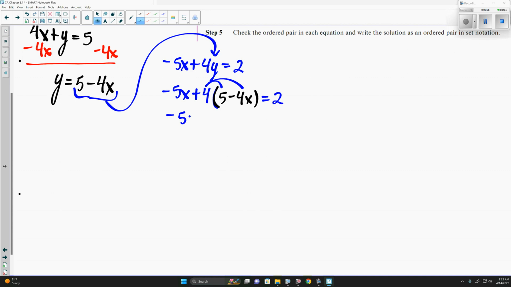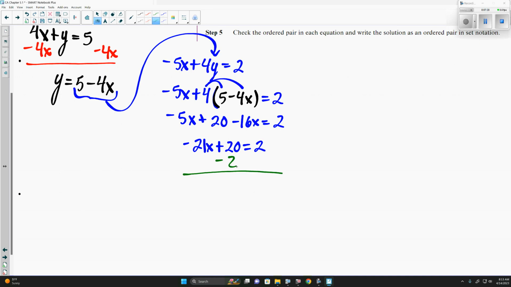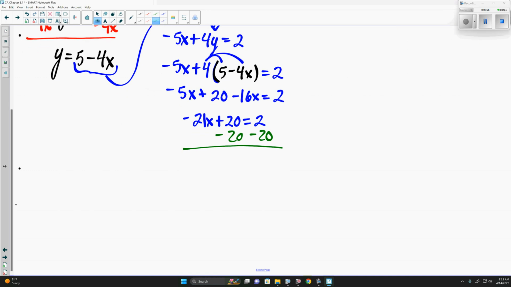and go from there. So we can distribute the 4. 4 times 5 is 20. 4 times negative 4x is negative 16x is equal to 2. At this point, we can combine like terms, telling us negative 21x plus 20 is equal to 2. We can subtract 20 from both sides, telling us that negative 21x is equal to negative 18.